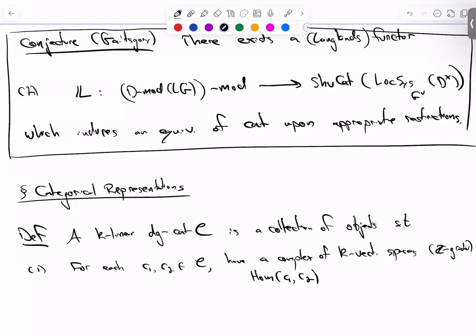So that's what the DG stands for. And two, we have associativity of the composition.